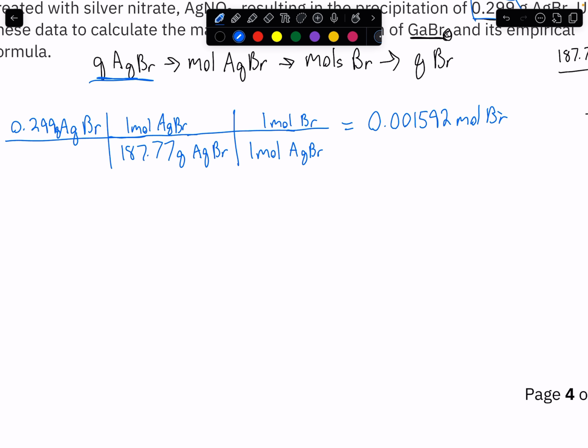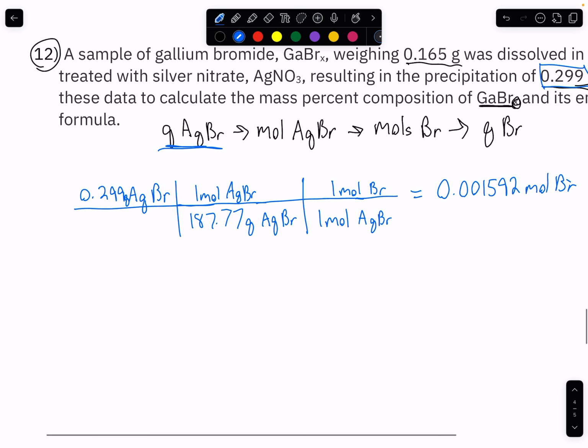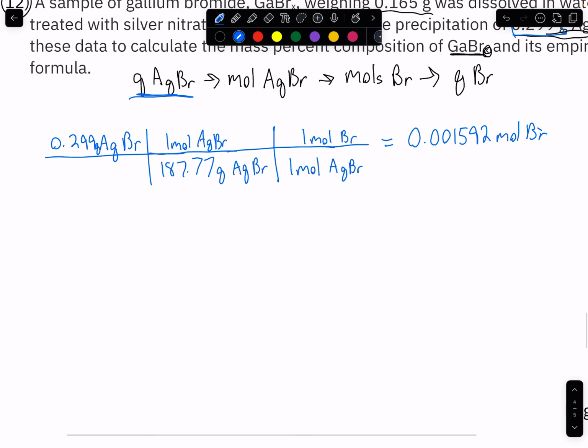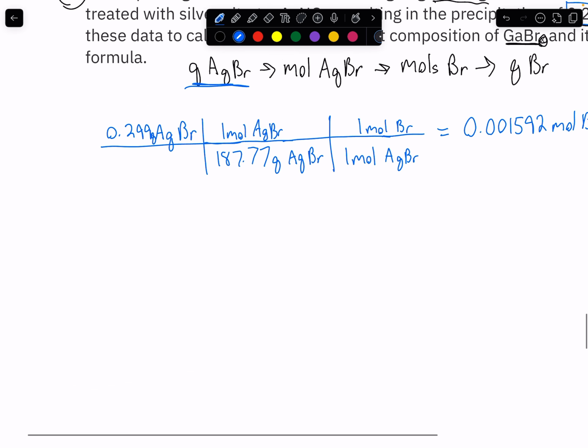Now I know, why are we finding moles of bromide instead of grams of bromide? Really all we're doing is we found the moles, and so then we can find the grams.